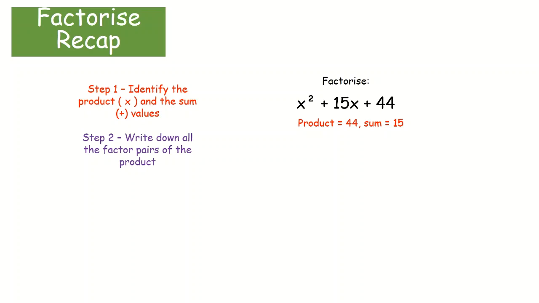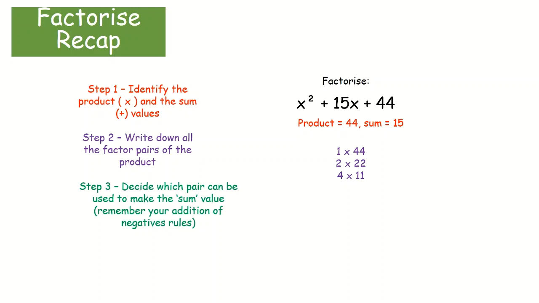Step 2 is to write down all the factor pairs of the product. So all the numbers that multiply to make 44. So I've got 1 and 44, 2 and 22, and 4 and 11. Again, we do want to be using integers here, so whole numbers. Step 3 is to decide which pair can be used to make the sum. So we're adding two numbers together. It's really important that you are using numbers within a pair.